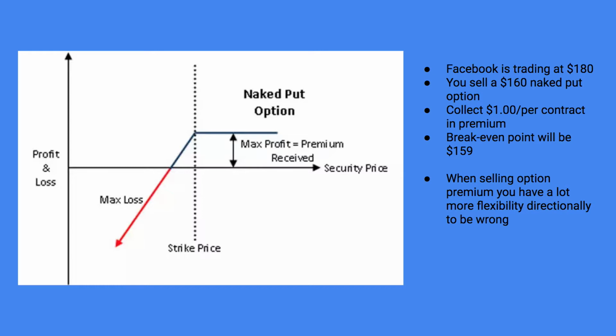Additionally, I want to break down an example for you so that you understand the difference between selling options and just outright owning stock. So let's assume right now Facebook is trading at $180 and you sell a $160 naked put option. For doing so, you collect $1 per contract in premium, which would make your break-even point $159.